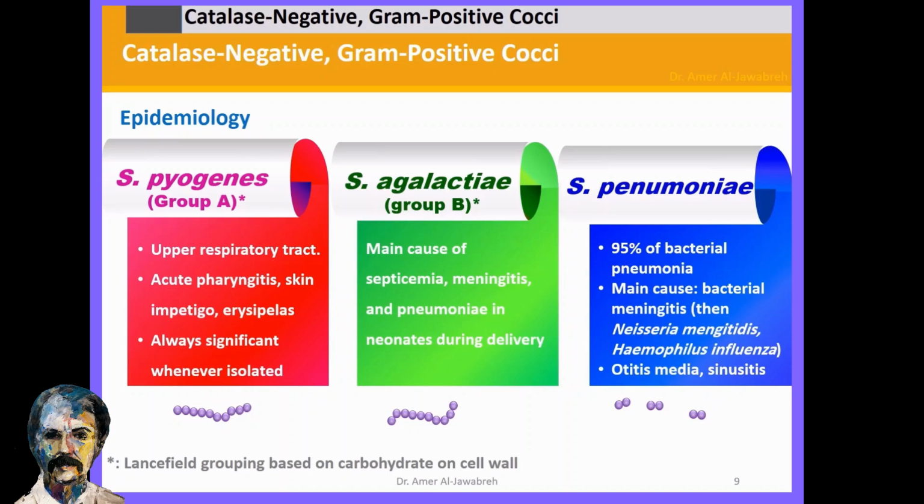Therefore, we are vaccinated against these 3 bacteria. Other diseases caused by pneumoniae: otitis media, inflammation of the ear, not the external ear but the middle ear; sinusitis, inflammation of the cavities of the nose. These are all other diseases caused by strep pneumoniae.